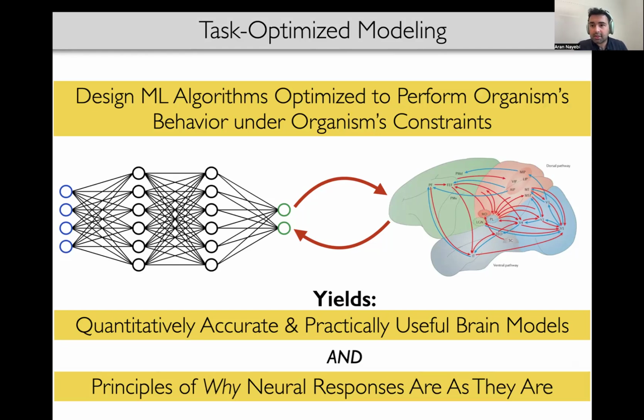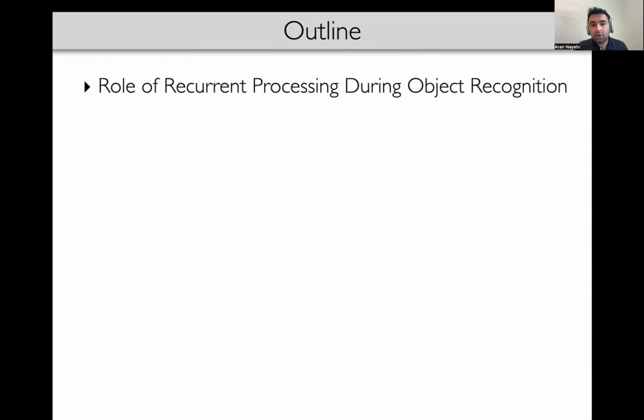And what I'm going to do throughout this talk is use this recipe and apply it to three problems in the perception action loop. In particular, I'm going to study the role of recurrent processing during object recognition. And then I'm going to go to a higher cognitive ability in primates, studying mental simulation, or the ability to predict the future state of the environment a few seconds out, getting closer to action.